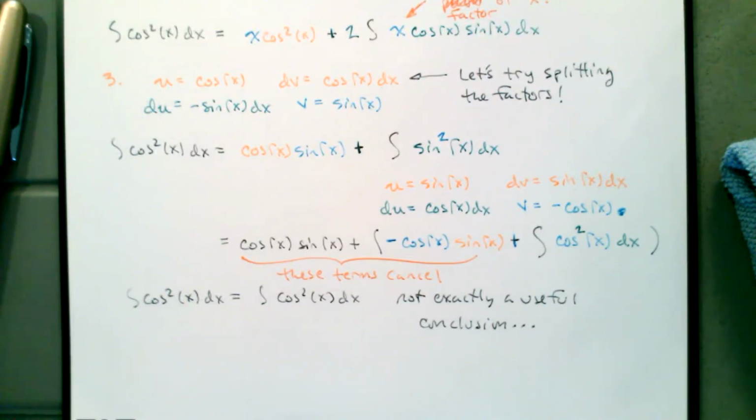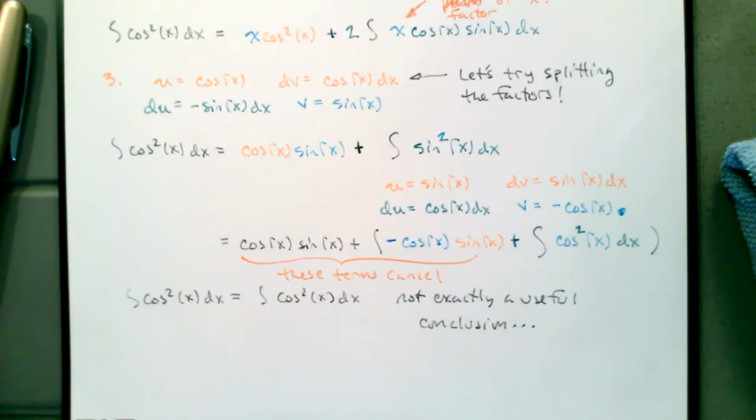So in that sine squared, splitting the sines, 1 power of sine for u and 1 power of sine to be dv, that strategy didn't work. Splitting the factors of sines didn't work.